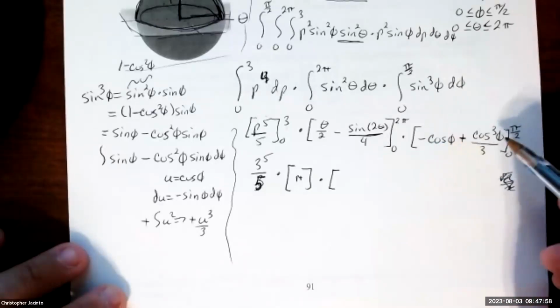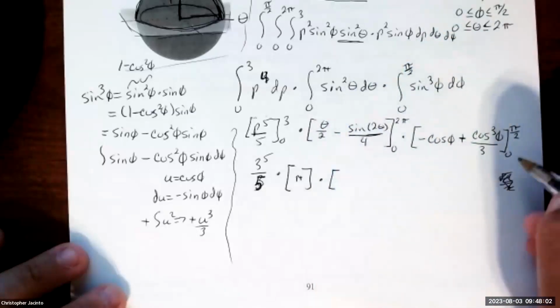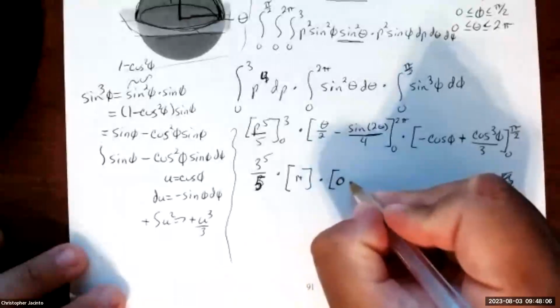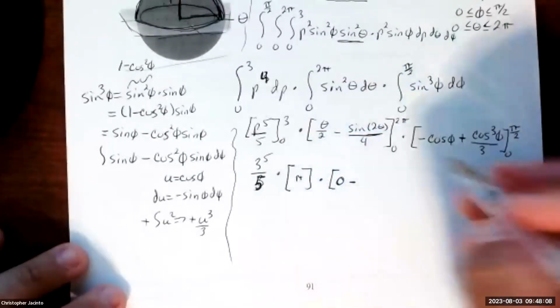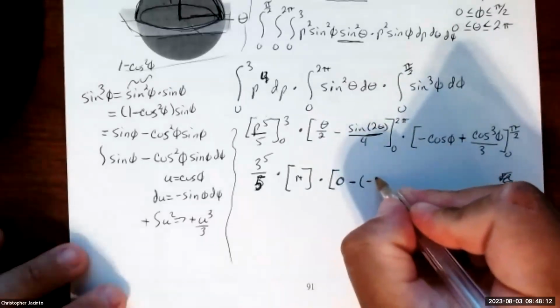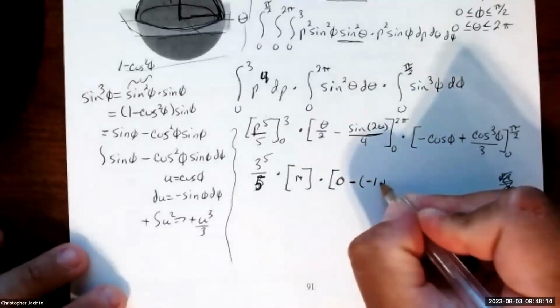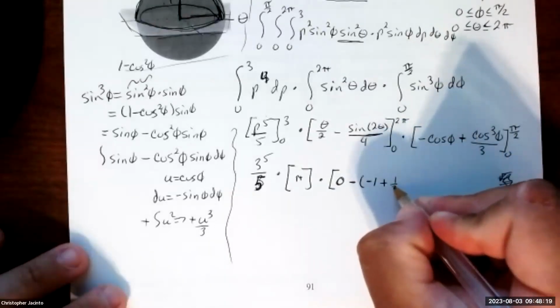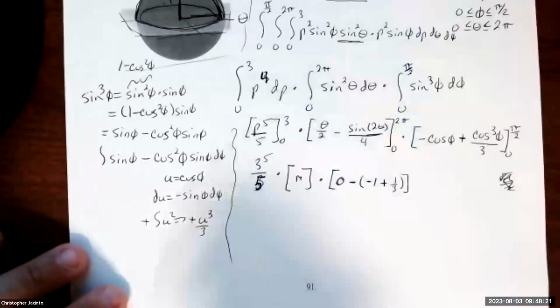So this is 0, and that's 0. So all that's gone. All right. Plug in 0. So we have 0 minus. Plug in 0, I get 1. Plug in 0, I get 1. I get that.